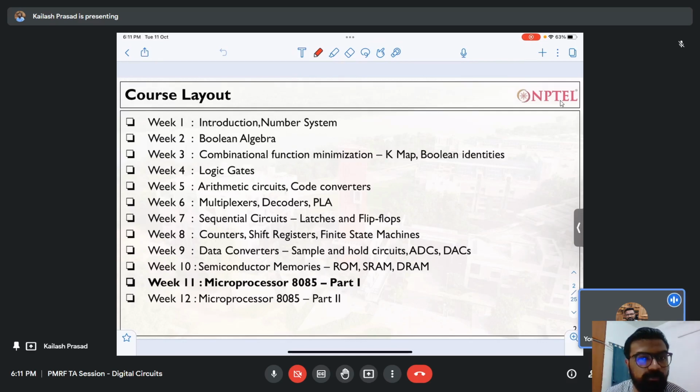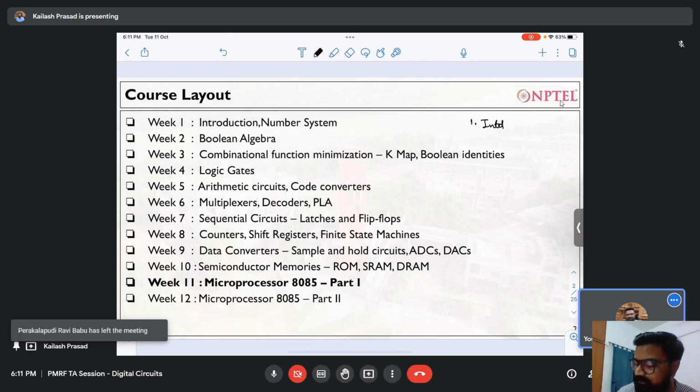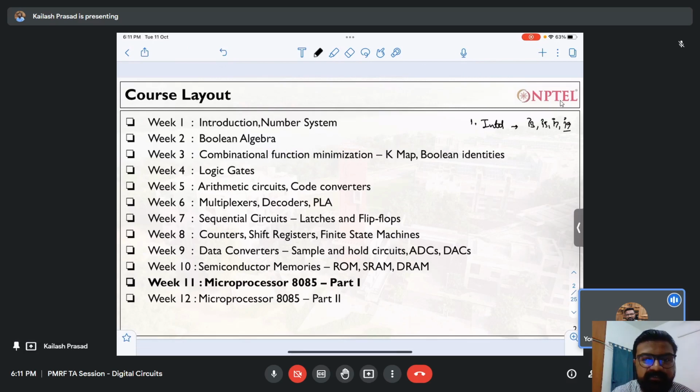Whenever you go and buy a laptop, you will find the processors are of two categories: either an Intel processor, which can be i3, i5, i7, and i9, with different generations, 8th generation, 10th generation, and 12th generation.